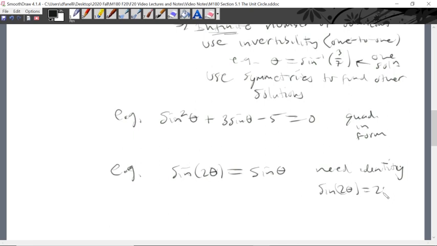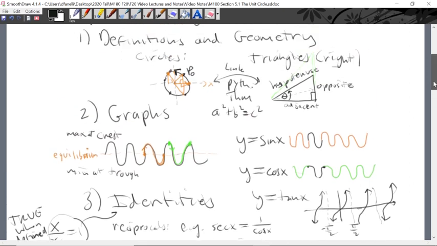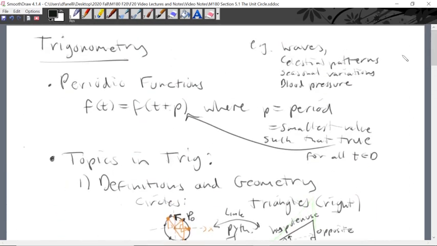Sine of 2 theta is equal to 2 sine theta cosine theta, for example. And then we can move all the terms to one side, and then we can factor out a sine of theta, set each of the factors equal to 0, right? Use invertibility and symmetries in order to find all the solutions for each of those equations. Those are the main topics for us to discuss within the context of trigonometry in this course.